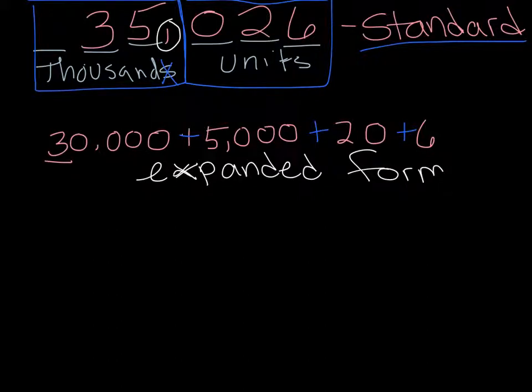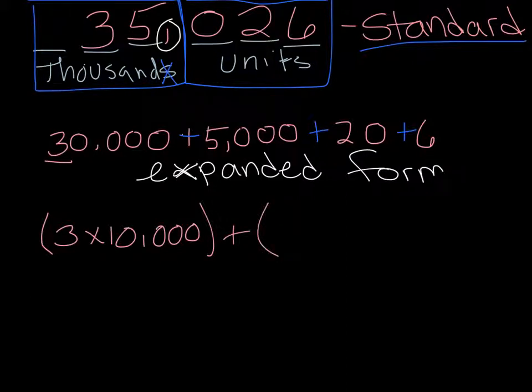And now I'm going to show you another way to write this, and we're going to piggyback off of the expanded form. I've actually said this already once as I was doing expanded form. One of the ways I told you could do it was to take the first digit 3 and multiply it by 10,000, or the place value that it's in. This is how we got 30,000. And then we're going to add that to, how did we get 5,000? We multiplied 5 times 1,000.